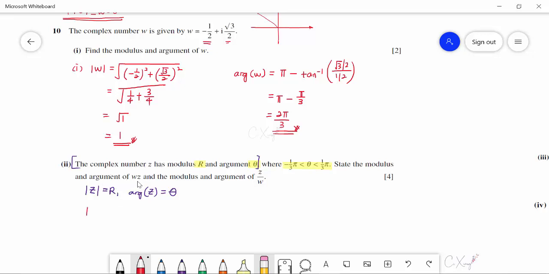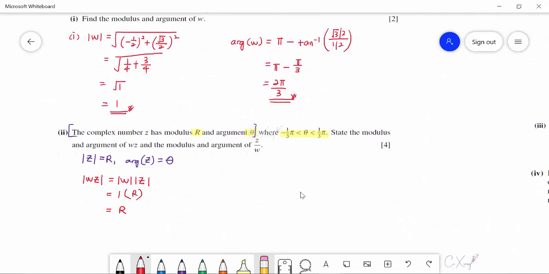By using the property that we learned, the modulus of wz equals modulus w multiplied by modulus z. The modulus of w we already got in the first part, which is 1, multiplied by r. Therefore, the modulus of wz will be r.